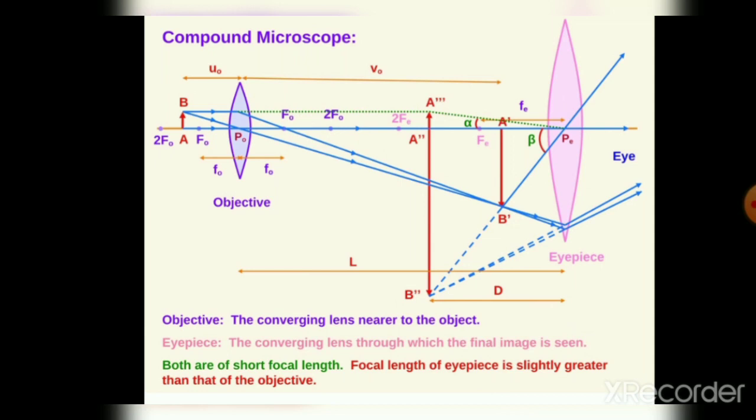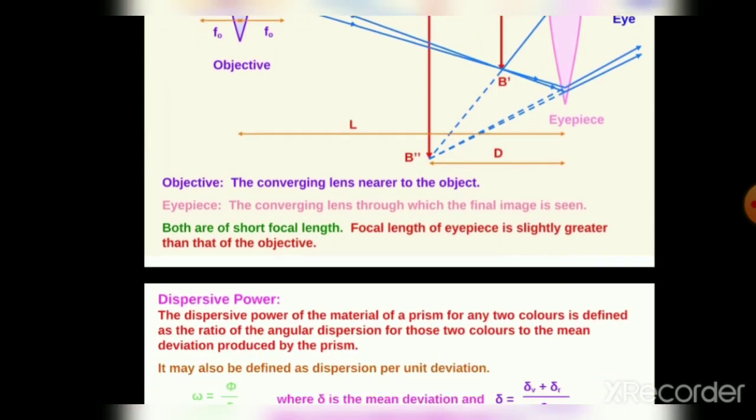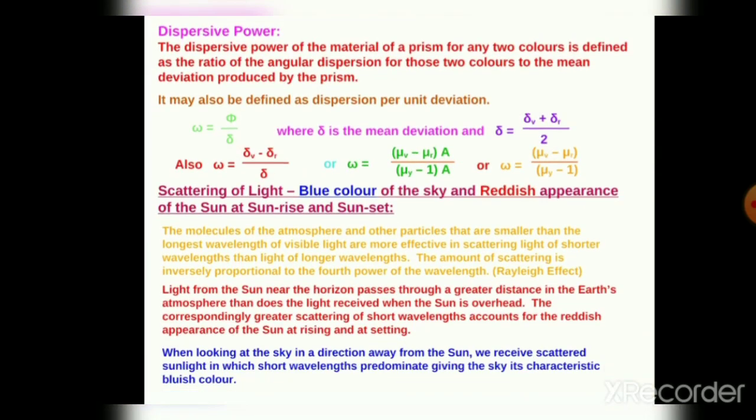Now, before starting the compound microscope topic, let us think that if light falls on the atmosphere, atoms and molecules as well as small suspended particles like cloud particles, it is absorbed and immediately re-emitted in a different direction.